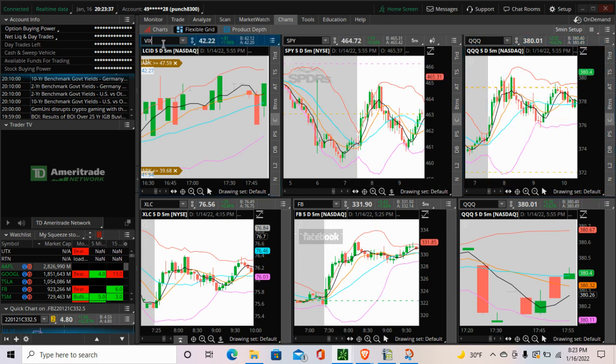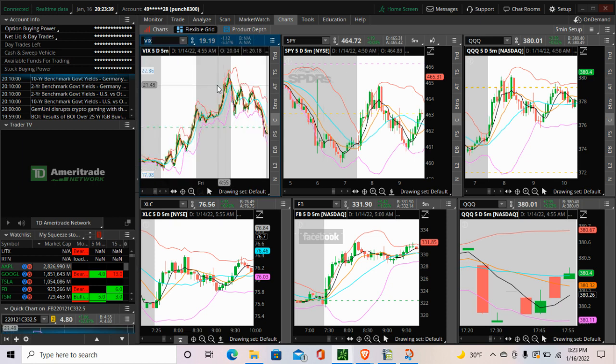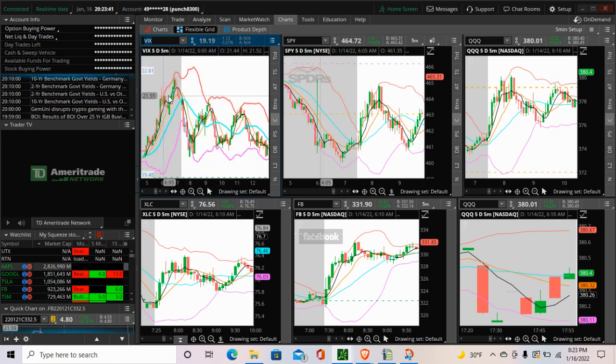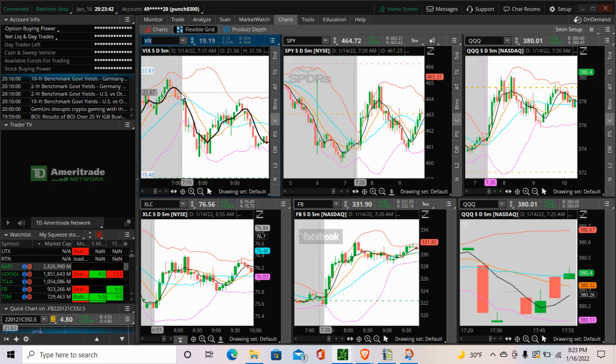And I'm assuming at the same time the VIX was going down. So VIX is weak, SPY breaks back up through a daily level, QQQs break back up to, I think that's a daily level, and then your XLC sector breaks back up.